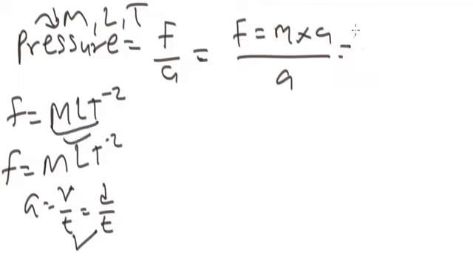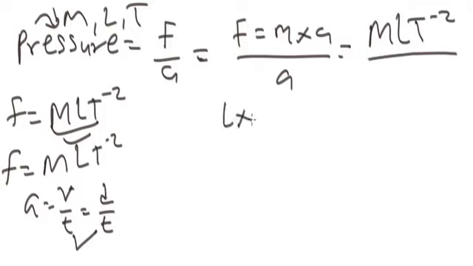The dimension of force is mass times length per time square. Over area: area is length times breadth, so we have two lengths here. The dimension is length square.